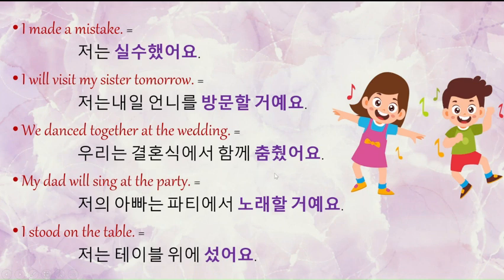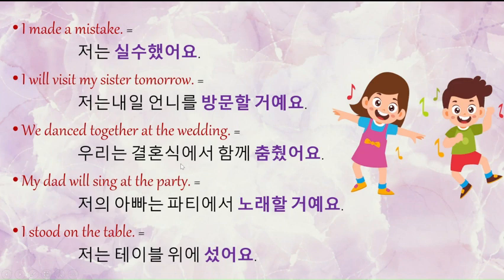The verb 춤추다 in the past tense. Okay? And 함께 means together in Korean. And the Korean word for wedding is 결혼. But when we are talking about wedding as an event, then it is 결혼식.